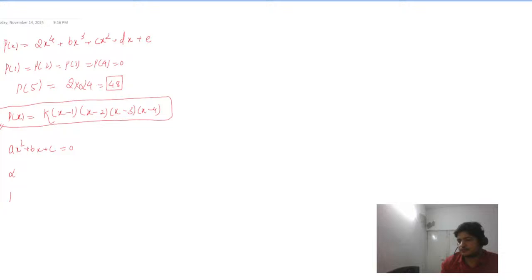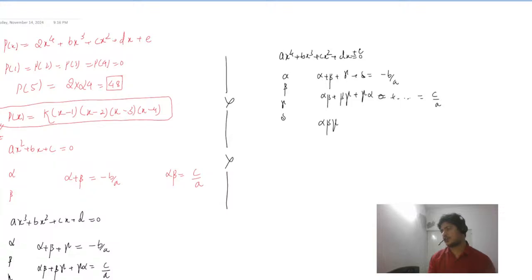So alpha beta, beta gamma, gamma alpha, something like that will go on, and that is coming as c by a. And the next one is alpha beta gamma, something like this you can write. Four roots are there, right?